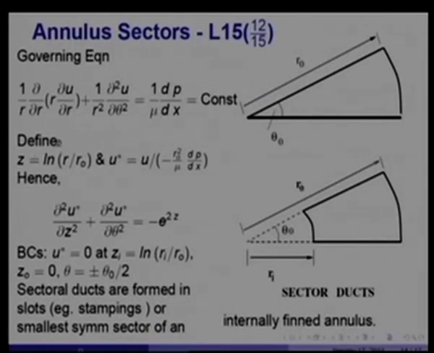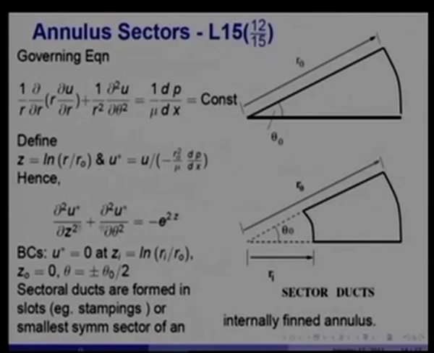And here is a little trick which you must bear in mind. Z equal to ln r by rho and u star equal to u divided by (minus rho squared by mu dp dx). Then you will notice that d2u star by dz square plus d2u star by d theta square equal to minus e raised to 2z.